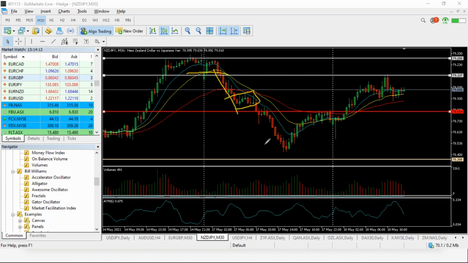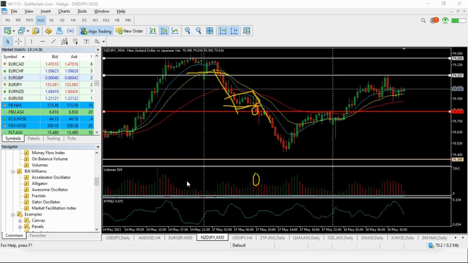This is actually a flag formation, and so we trend, there's the trend pause, there's the candle we're interested in, bottom third, high volume, so there's our ticks and away it goes, okay? So that's actually a really good example.